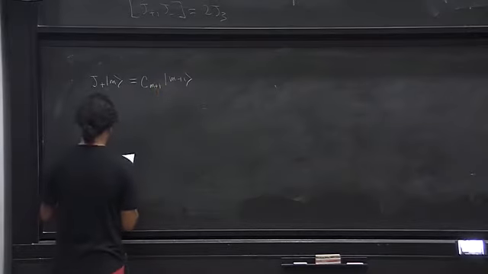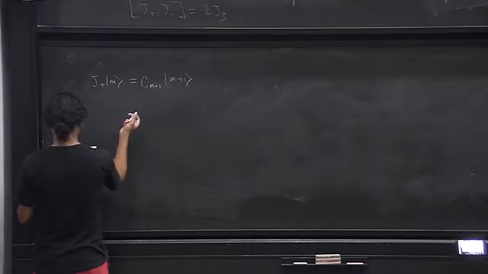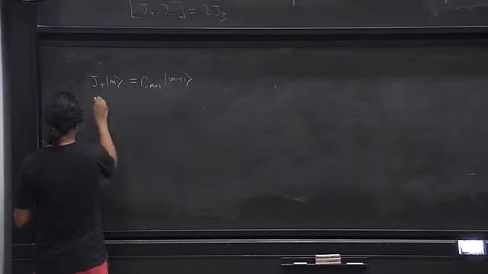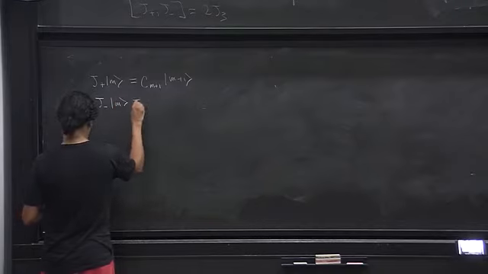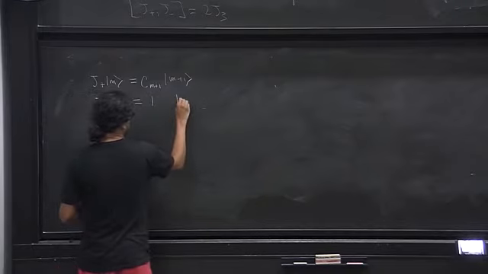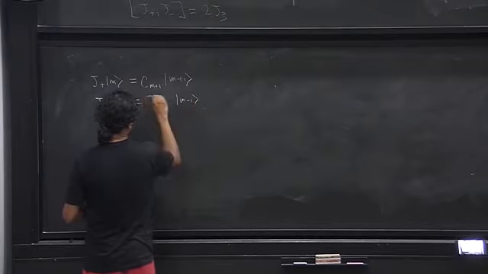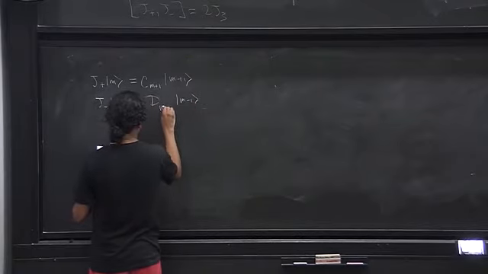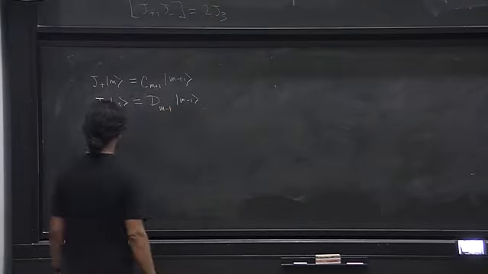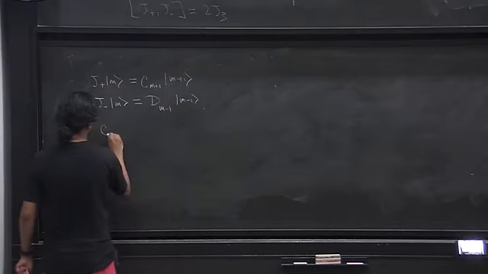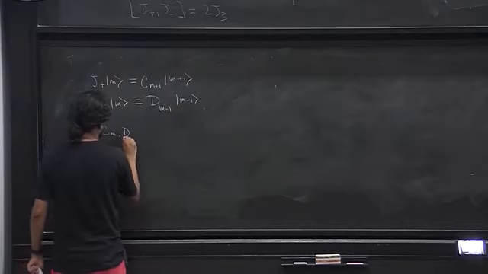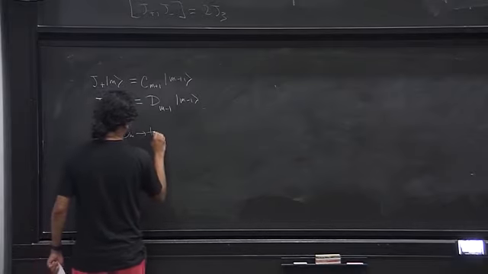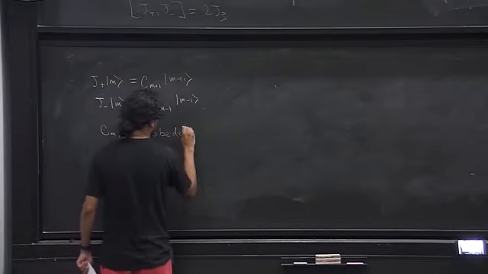And we're going to determine that. Similarly, J minus, when it acts on m, takes us to m minus 1 up to some constant D of m minus 1. So C of m and D of m are to be determined.